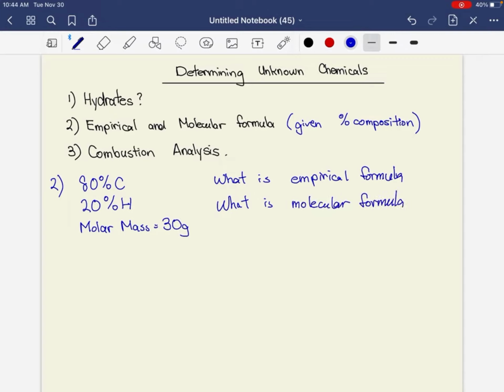And the 80% and the 20% carbon and hydrogen, respectively, are usually given by this machine called gas chromatography. Chromatographer, I don't know. Okay? But together, we call that GCMS. With this information, you can find the empirical formula and molecular formula.